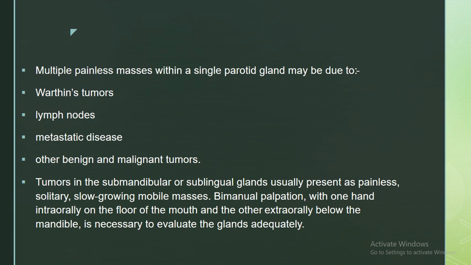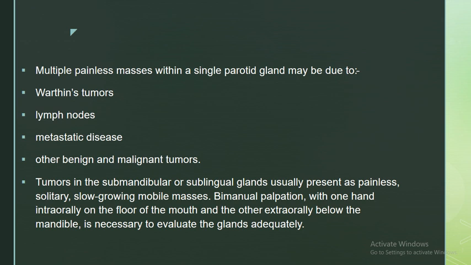Tumors in the submandibular or sublingual glands usually present as painless, solitary, slow-growing mobile masses by manual palpation with one hand intraorally on the floor of the mouth and the other extraorally below the mandible.